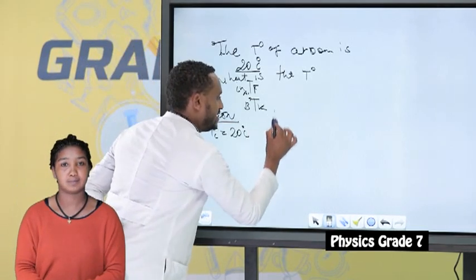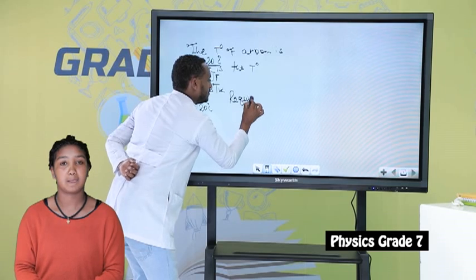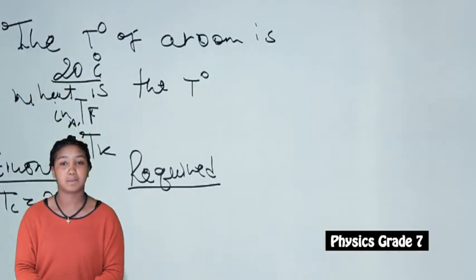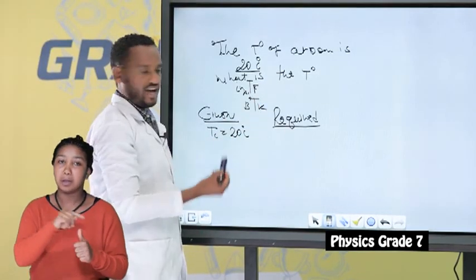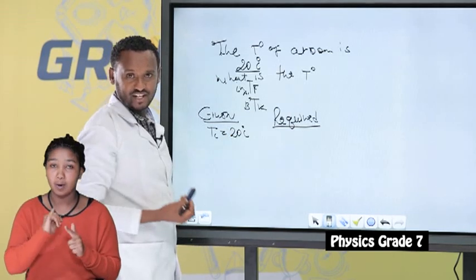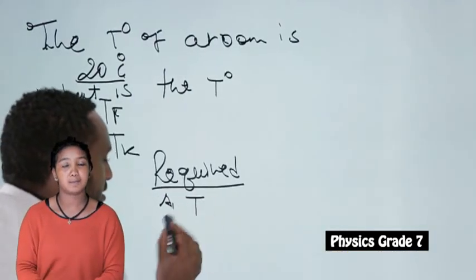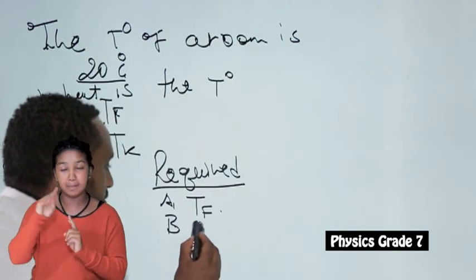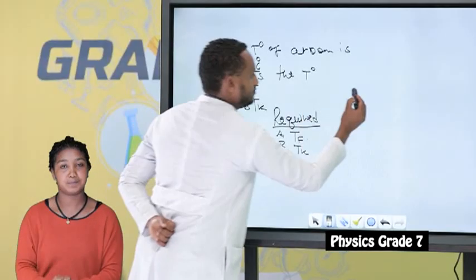And our requirements: we have two requirements here. One is temperature in Fahrenheit and the other one is temperature in Kelvin. A, temperature in Fahrenheit. B, temperature in Kelvin. Solution.